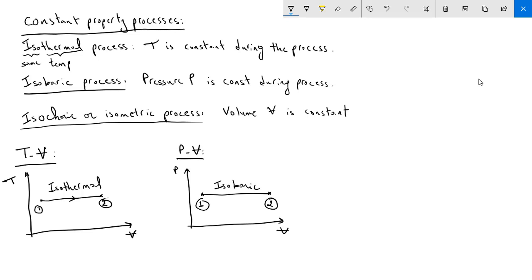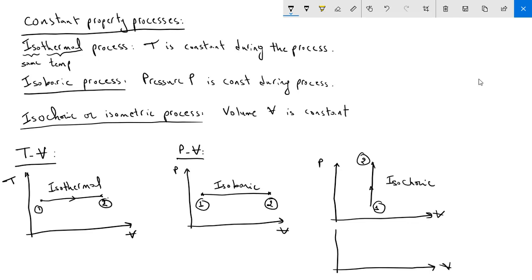And for isochoric or isometric, the process is a vertical process from 1 to 2. So this is an isochoric process. Or even on a TV diagram, isochoric will be something like this, 1 to 2. Also, we can say this is an isochoric process.